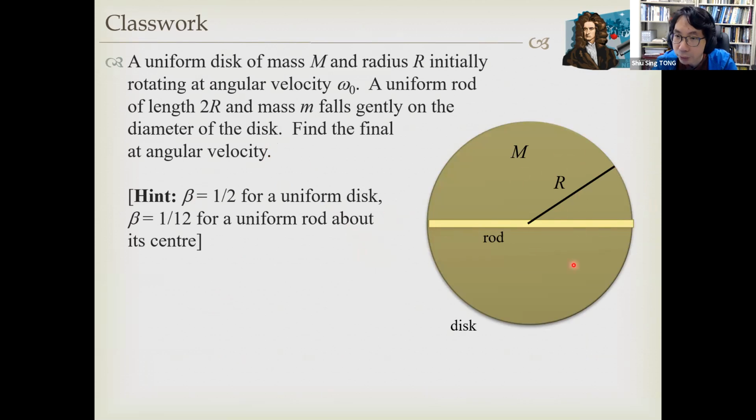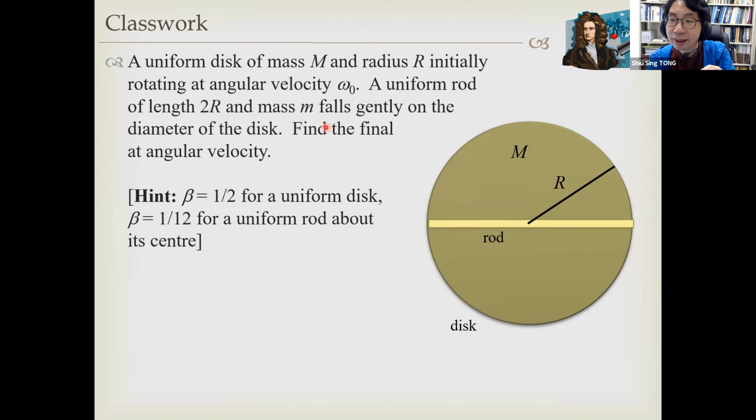Okay, suppose you have a uniform disk with mass capital M and radius capital R, rotating with angular speed of ω₀. Now we have a uniform rod. The uniform rod has a length of 2R, so it has a length exactly equal to the diameter of the disk.